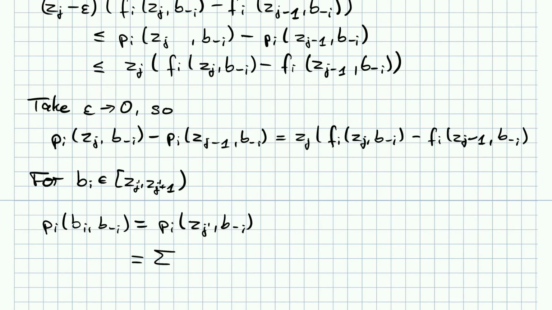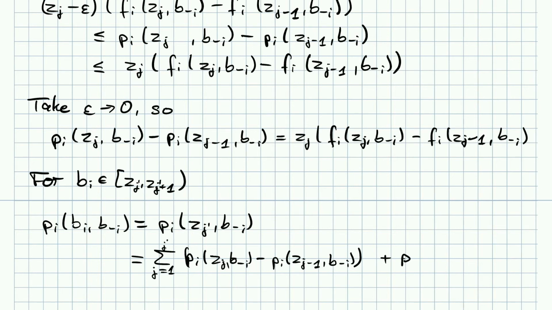So we will take the sum of all j from 1 to j prime, pi of zj comma b minus I minus pi of zj minus 1 comma b minus I. And then there is the last term that we're subtracting here, which will be zj minus 1 for j being 1.